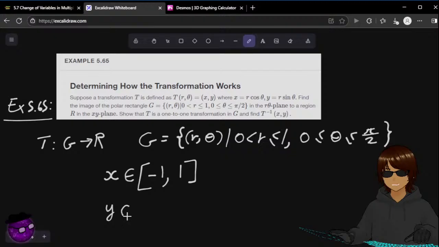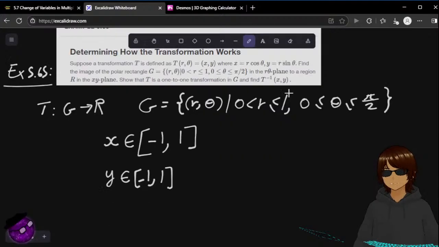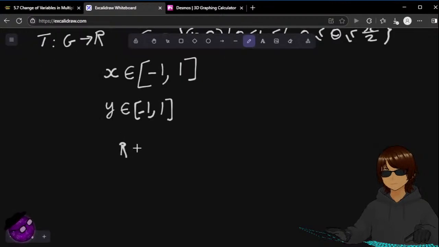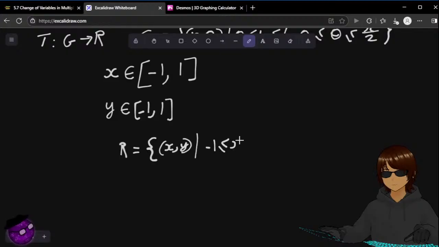Cos theta can be 1, same for y. -1 and 1. Doesn't that mean 0? No, -1.